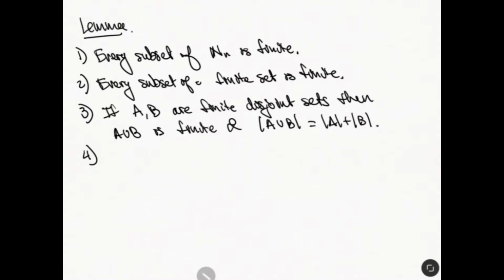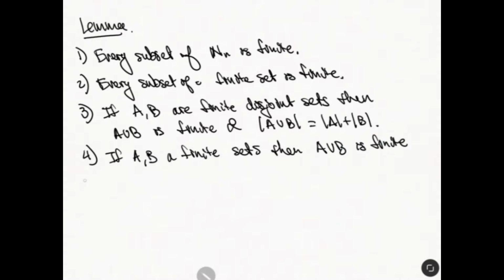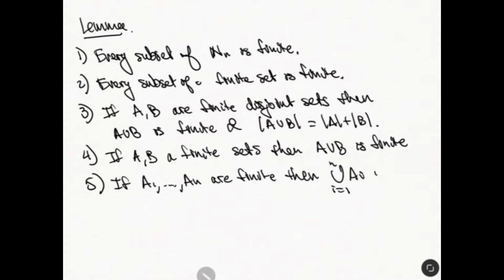Okay, 4 is that if A and B are finite sets, not necessarily disjoint, then A union B is finite. Okay, and then let's do one more, is that if A1 through AN are finite sets, then the union of all of them is finite.